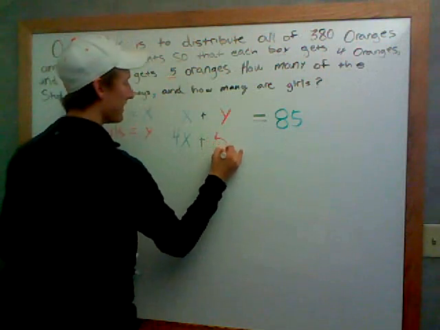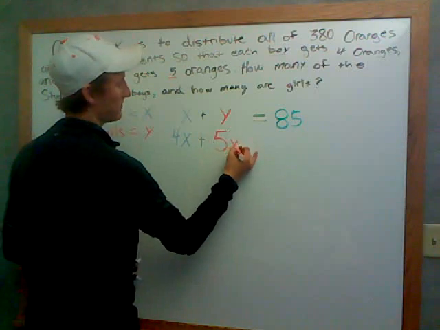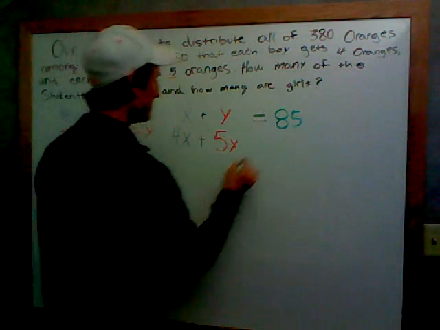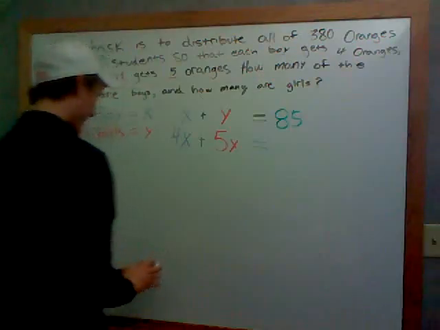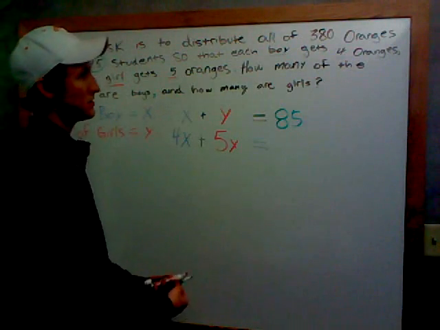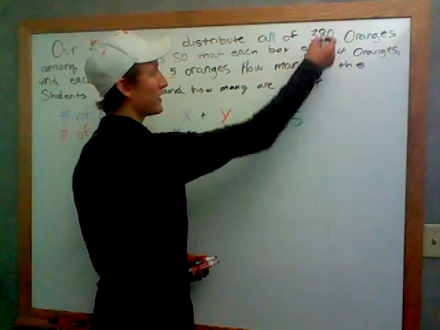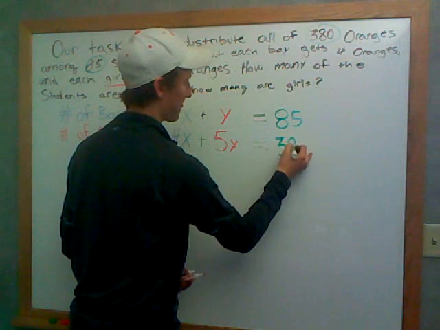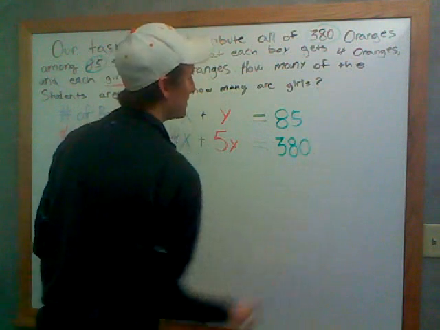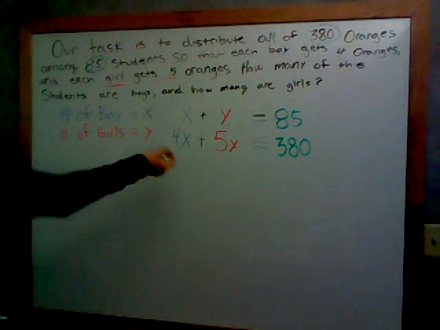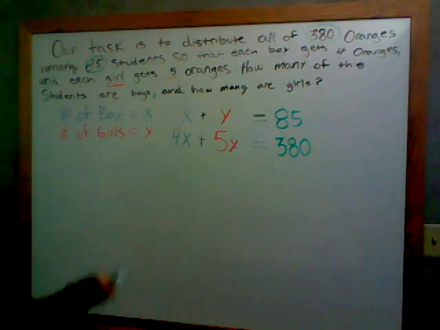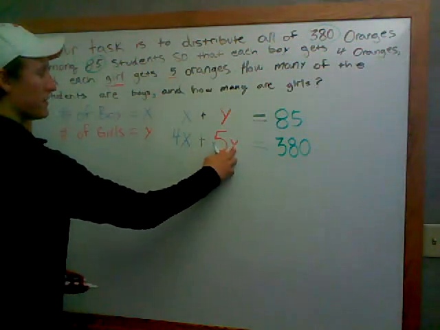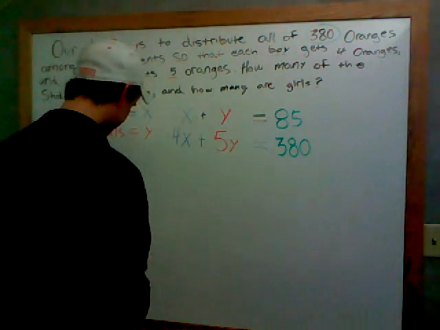So we're going to do that times the number of girls. And that number is going to be linked back up to the number of oranges that we have for the entire class, which is 380. So there we have it, our two problems: x plus y equals 85 and 4x plus 5y equals 380.